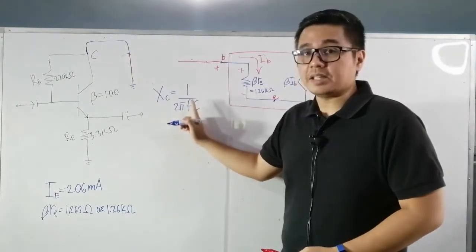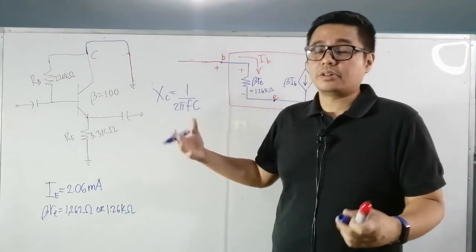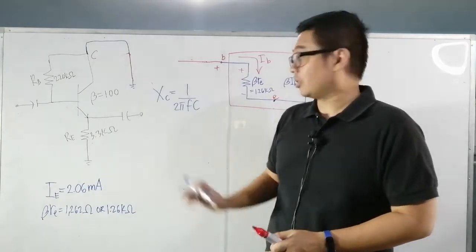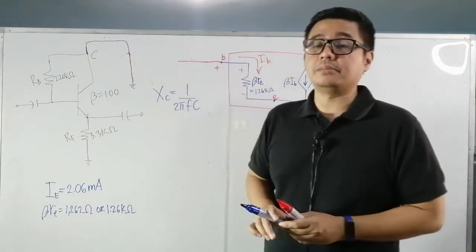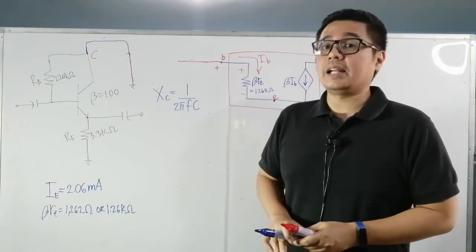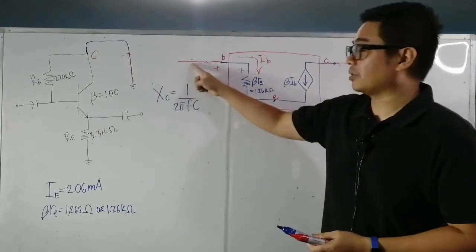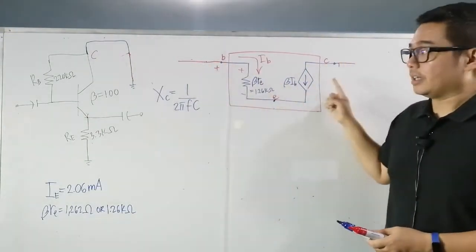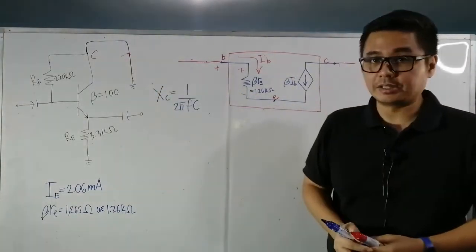Kapag mataas yung frequency natin, ang reactance natin or impedance, or you can think of it as resistance, mababa. Okay, so kung mataas na mataas to, mababang mababa yung resistance natin, na magiging wire na lang siya. Therefore, yung ating mga coupling capacitors are now considered to be short circuit. So itong pulang line na to, this represents the shorted out coupling capacitors.